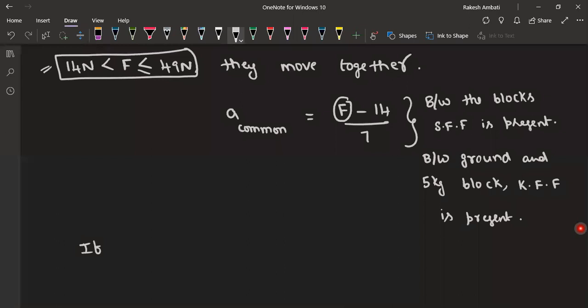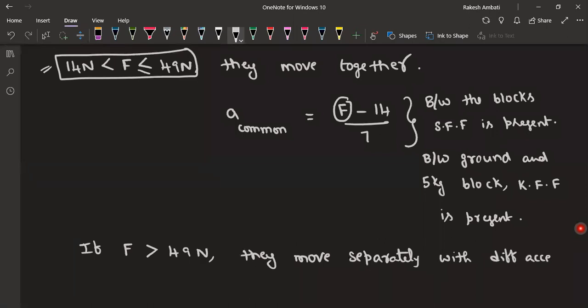Finally, if the applied force is greater than 49 Newton, do they move together or separately? Separately, with different accelerations.